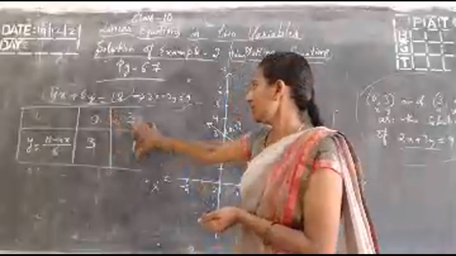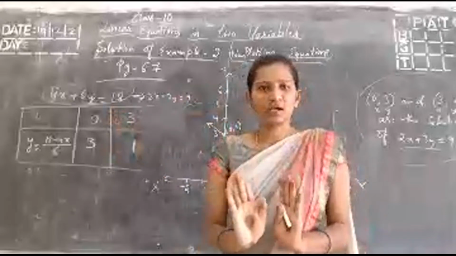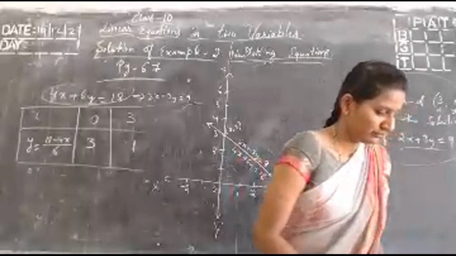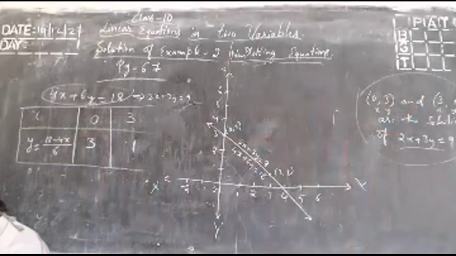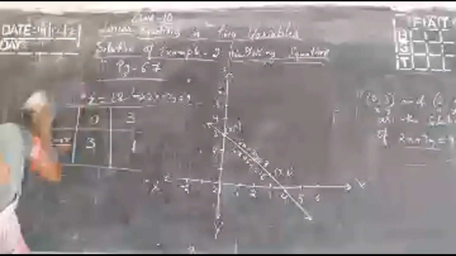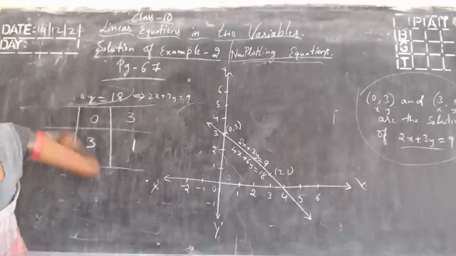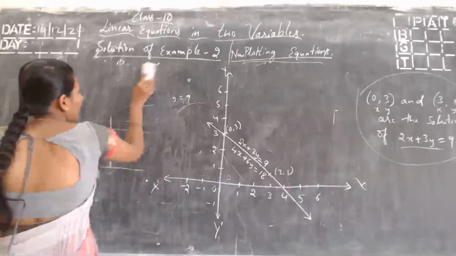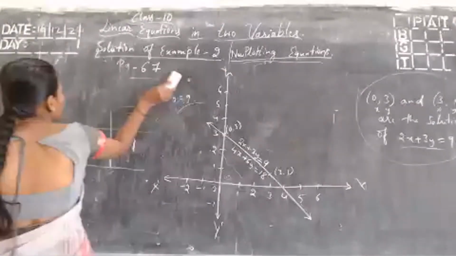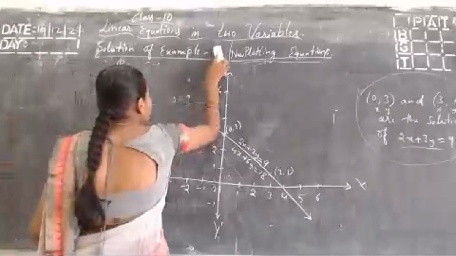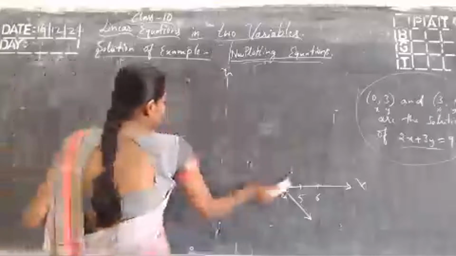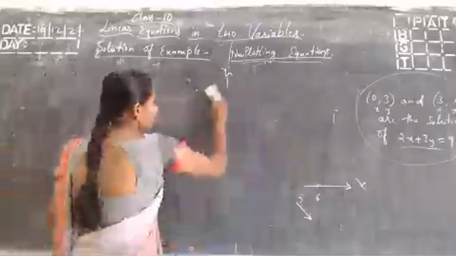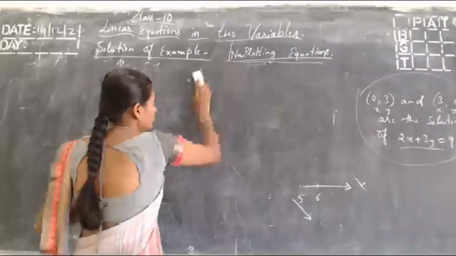We just have to solve like this and draw the graph. Example 3. Same procedure. Already they have given the equations. We have to solve and draw the graph.